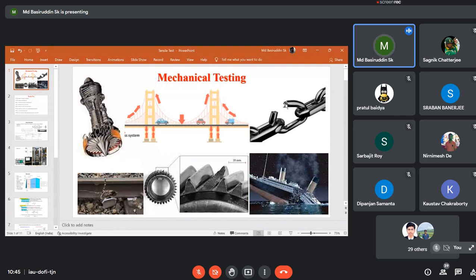From the fractographic point of view, brittle fracture surfaces are relatively flat, and ductile fracture surfaces consist of lots of voids, or better to say dimples. So in that way you can categorize. When we go deeper into the fracture surface, it will be very clear to you.